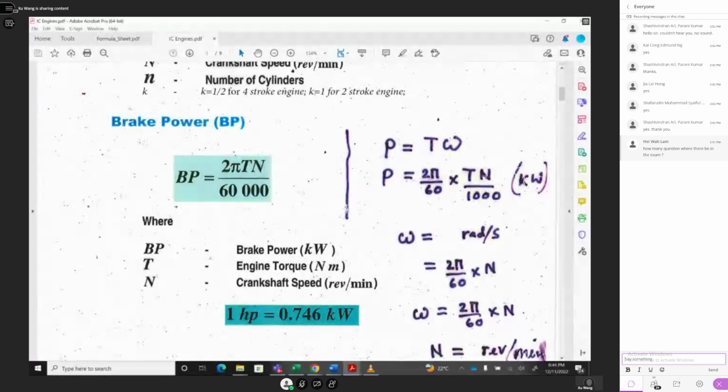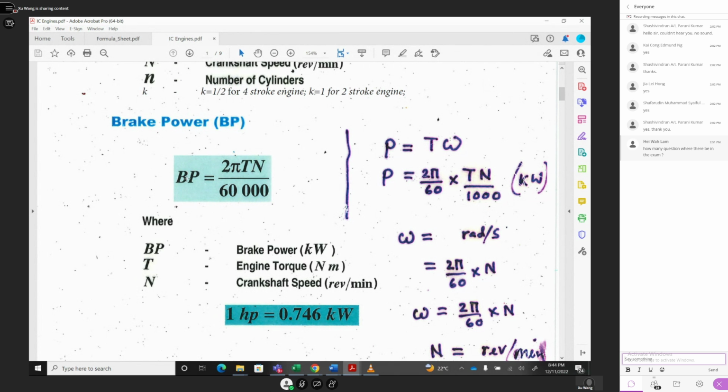That's why we use 2 pi n divided by 60 to change RPM into radians per second. Why divide by 1,000? Because the SI unit is watts and you want kilowatts. That's why you get brake power equal to 2 pi T n divided by 60,000.